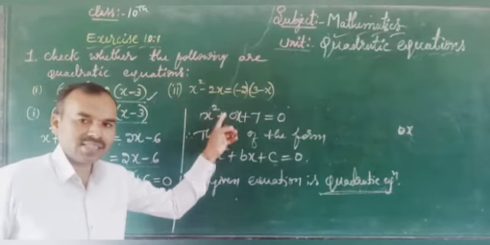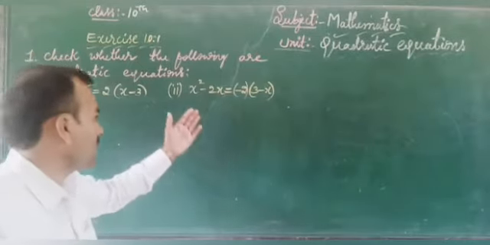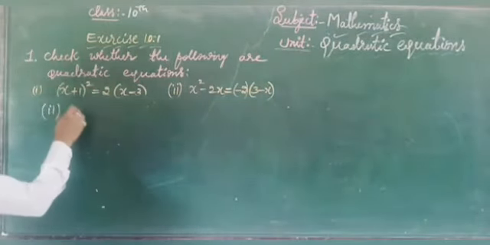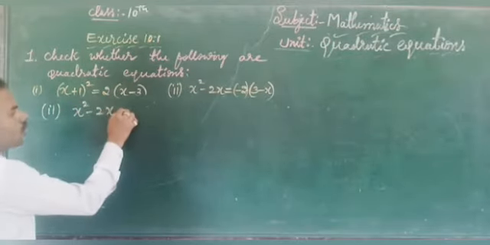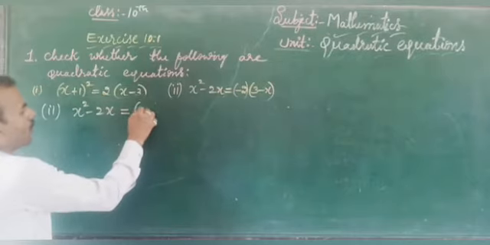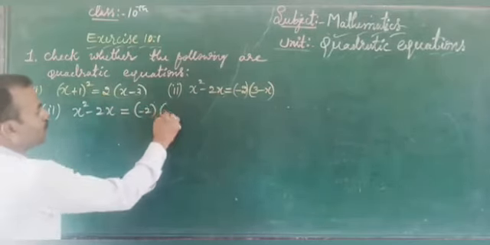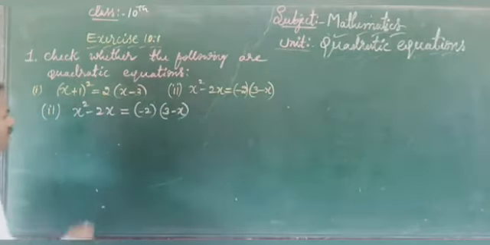Similarly, let us take the second one. x square minus 2x equals minus 2 into 3 minus x.